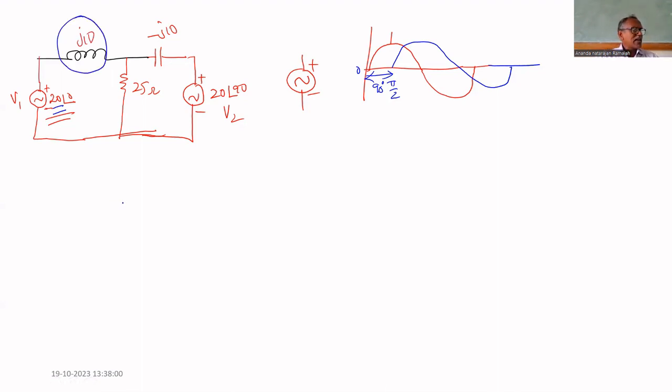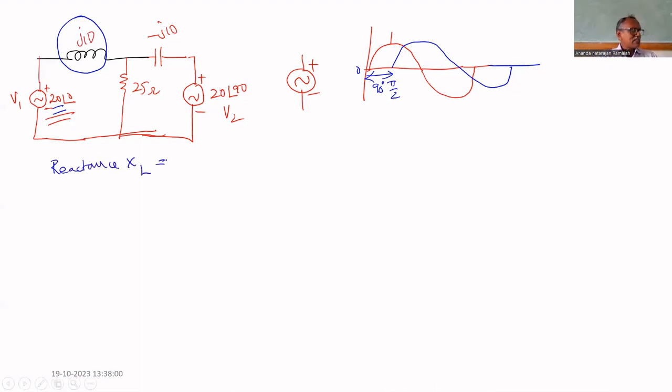We have already seen that as far as DC is concerned, this is a conductor. But for AC, it is an inductor. It has reactance XL.